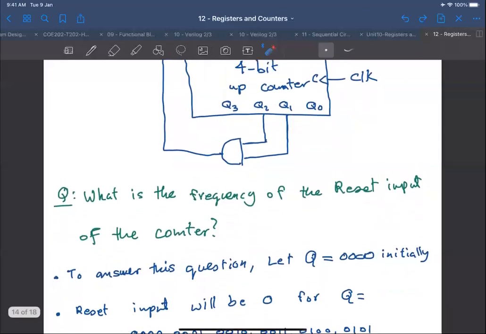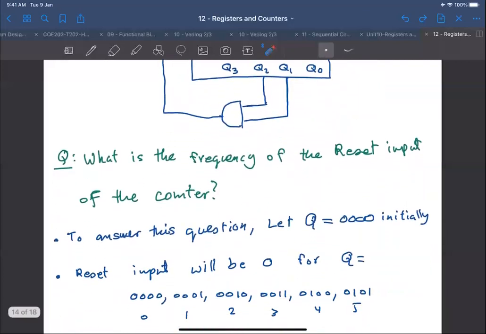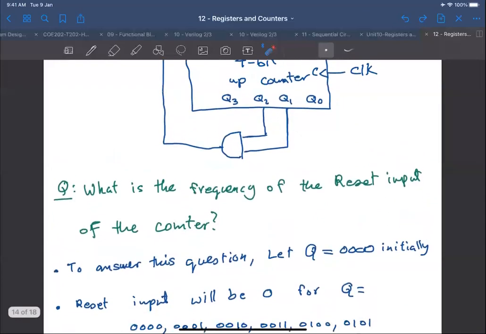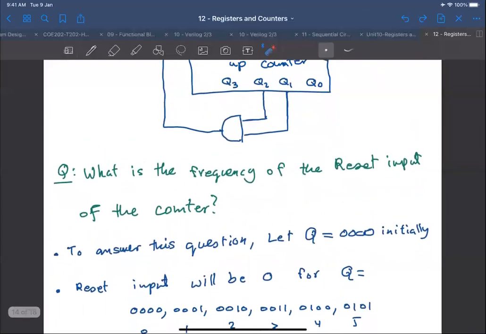If we start from all zeros, then the count sequence will be what? 0 in binary, which is decimal 0, then 1, 2, 3, 4, 5. In all of these values for the state of the counter, this signal here is 0. Why? Because Q2 ANDed with Q1 is 0 here, here, here, here, here, and here.